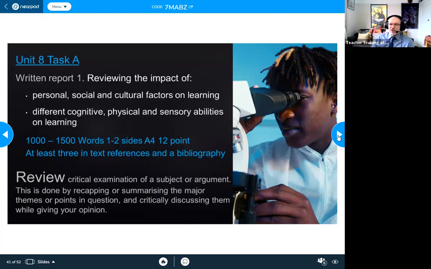So limit it to two personal, two social, and two cultural. And then for the next three, I would limit it to one, because they can have a substantially larger impact. So one cognitive, one physical, and one sensory. We'll have a look at what those could be on the next slide.